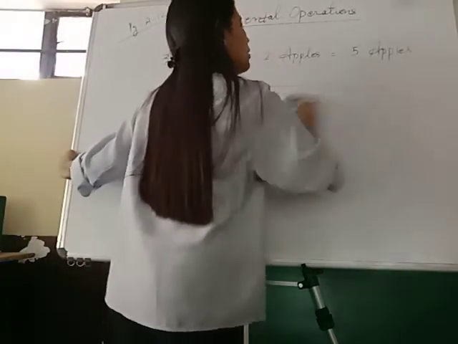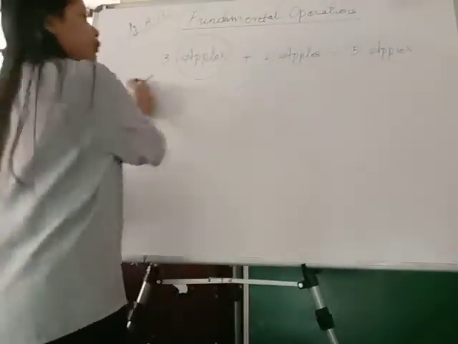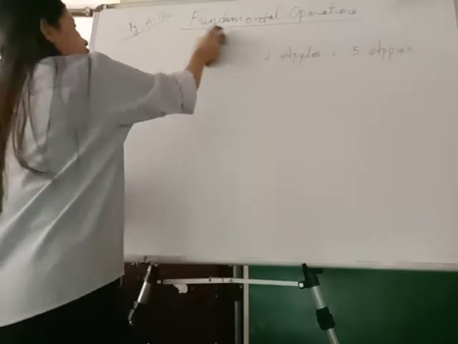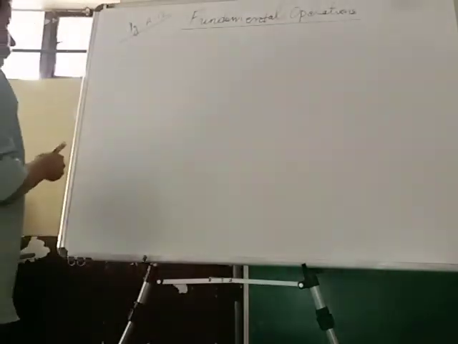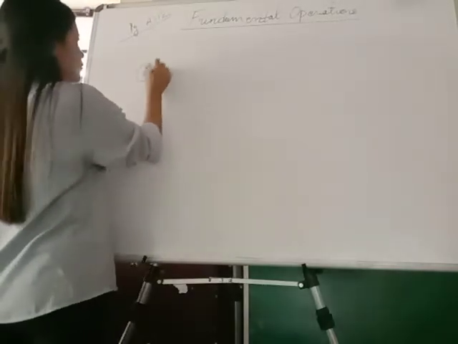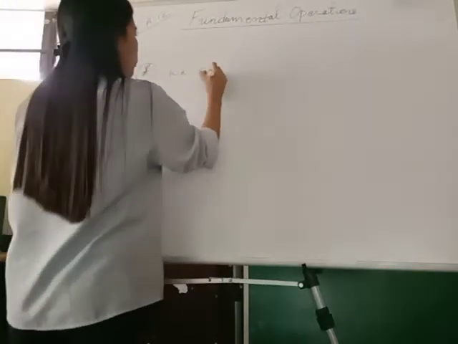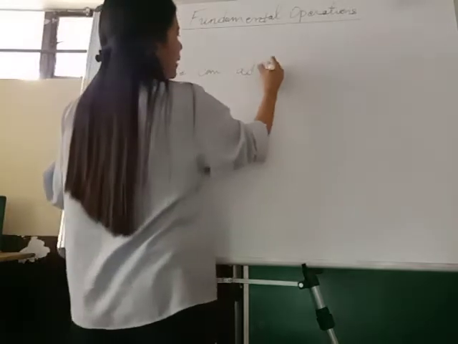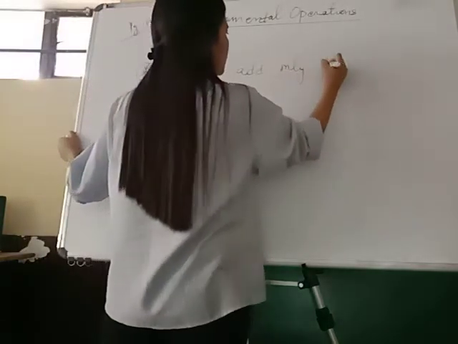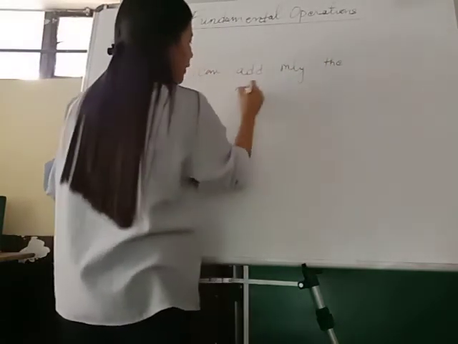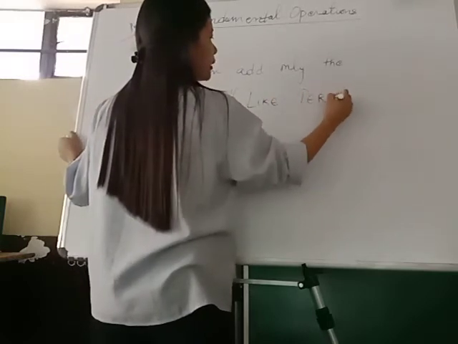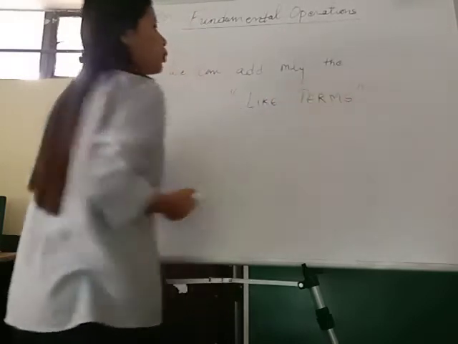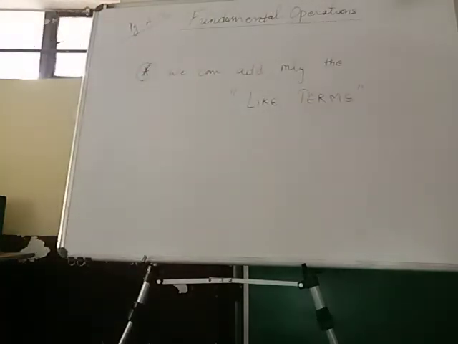So I'd like all of you to remember that we can only add the like terms. Okay. So this is very important to remember. We can add only the like terms. We have already learned in our previous chapter what we mean by like terms.